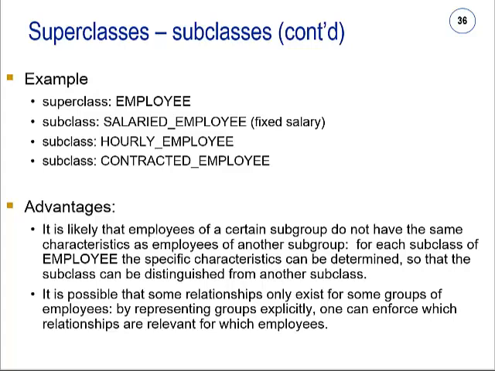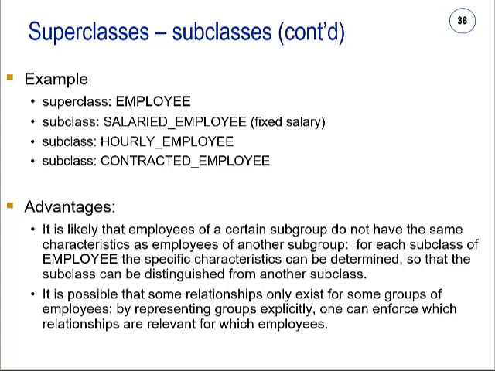What are the advantages of coming up with a generalization specialization relationship now? Well, the advantages are as follows. It is likely that employees of a certain subgroup, either salaried, hourly, or contracted, do not have the same characteristics as employees of another subgroup. In other words, by doing a generalization, specialization, we can further refine semantics.